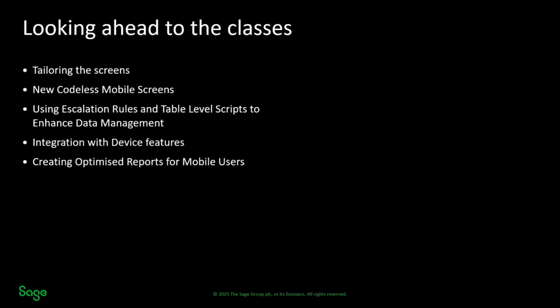We're going to then set the scene for when we're using device features like call out, initiating a telephone call, or sending an email from an email address, and how that fits in to the integration that we offer with Exchange and with Outlook. And we'll also be thinking in the last lesson about the way in which we can design reports that are optimized to run within a mobile interface.